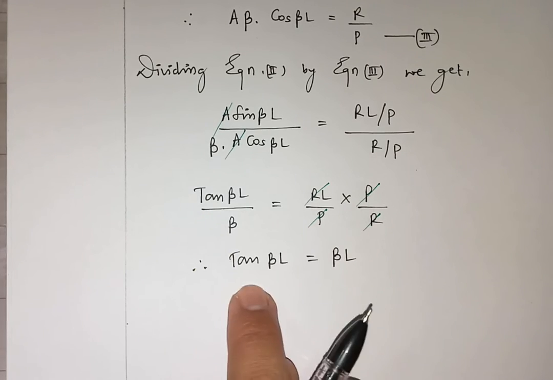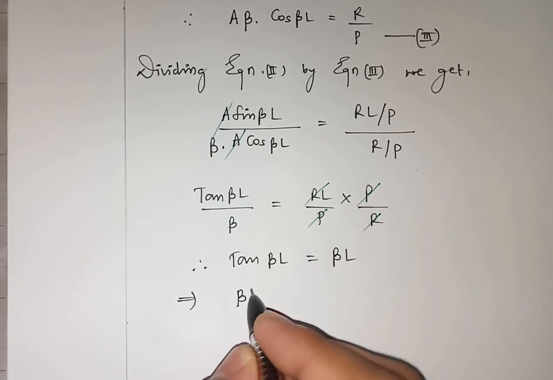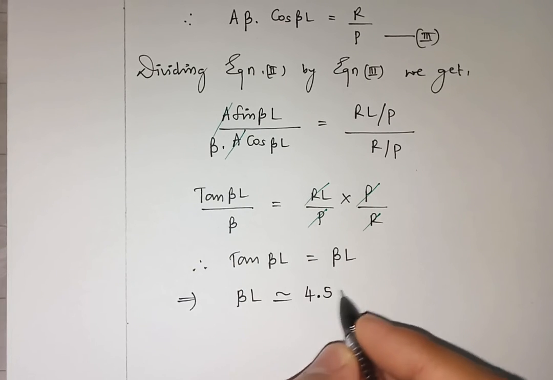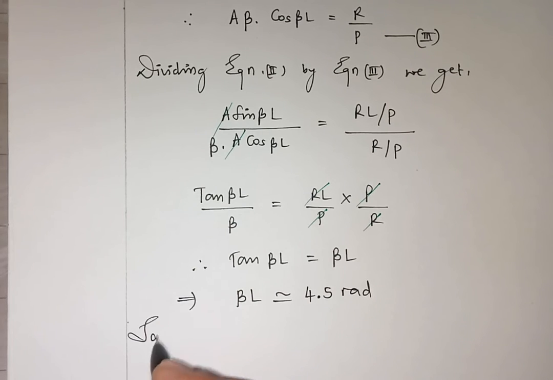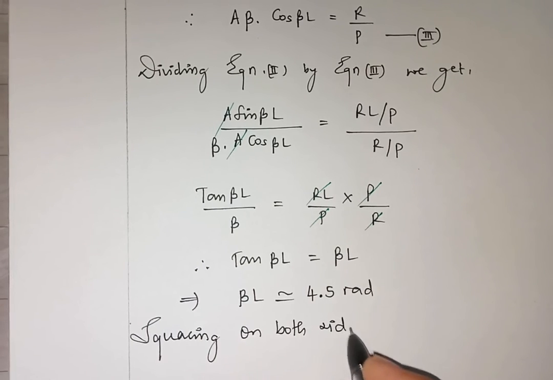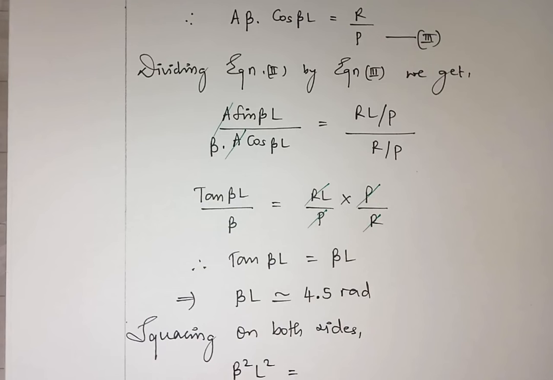So when tan theta is equal to theta, which is the condition, beta L will be nearly equal to 4.5 radian. Squaring on both sides, it is beta square L square, so 4.5 square is 20.25.